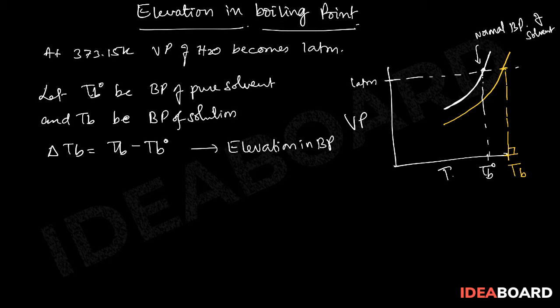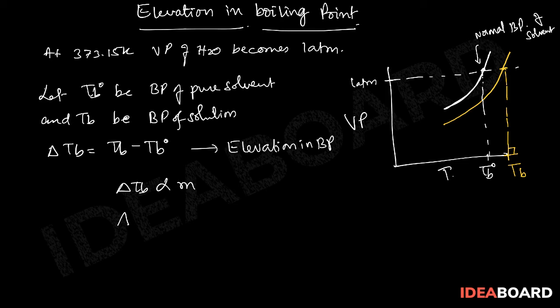So it is practically verified using experiments that delta TB is directly proportional to molality of the solution, which we consider. So molality of the solute in a solution is proportional to the elevation in boiling point.